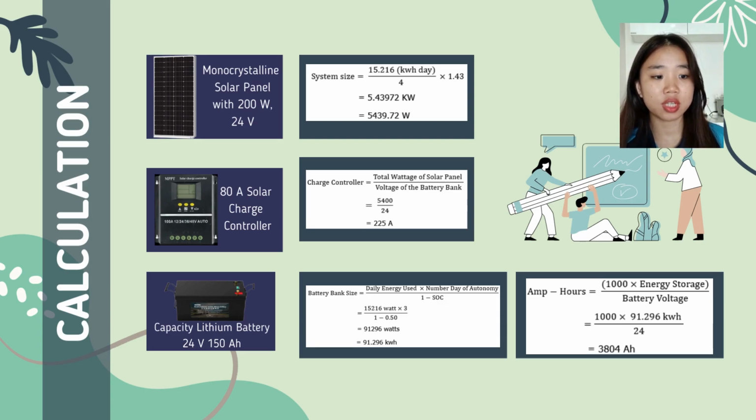The ampere hours that we get is 3804 Ah. Therefore, a lithium battery with specification of 24 volts and 150 Ah is chosen. A total of 25 batteries will be connected in parallel to achieve the required 3804 Ah needed for the common hall.